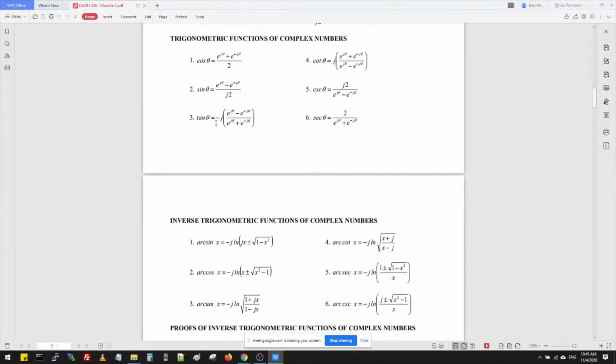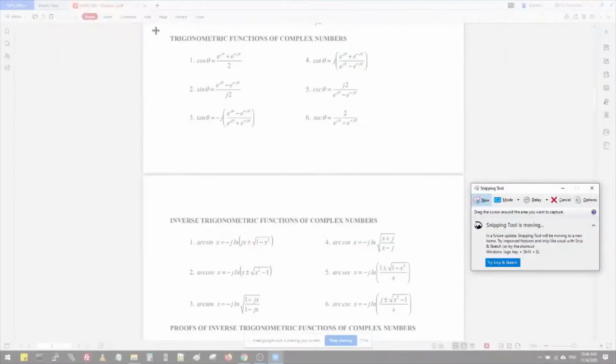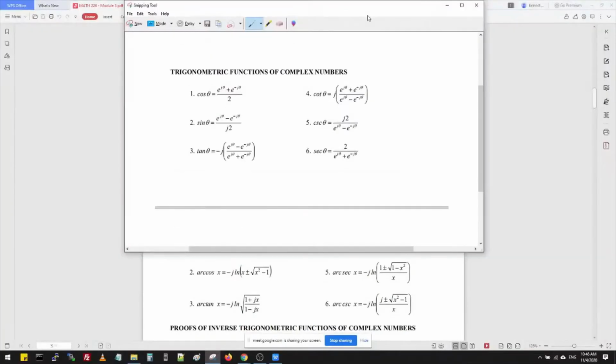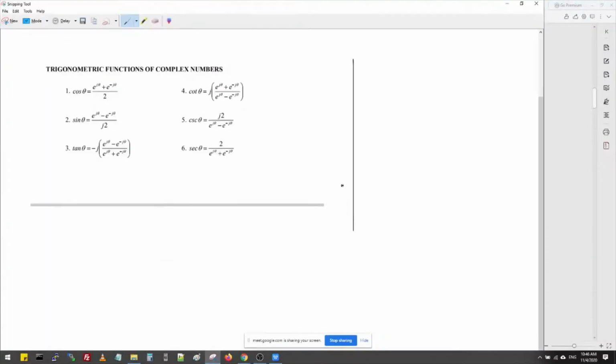Then for the tangent, that is j. Review your planar geometry, in our Cartesian plane.